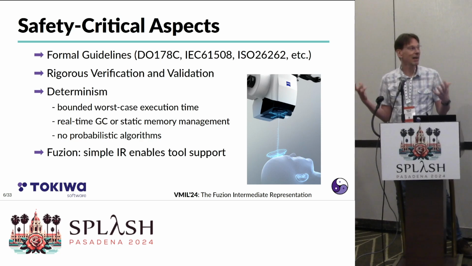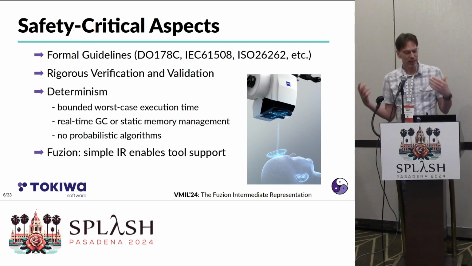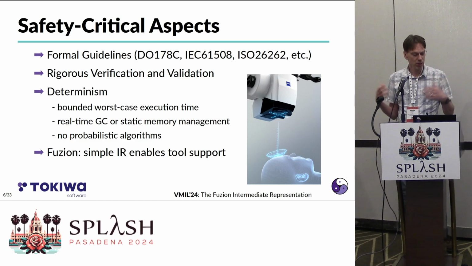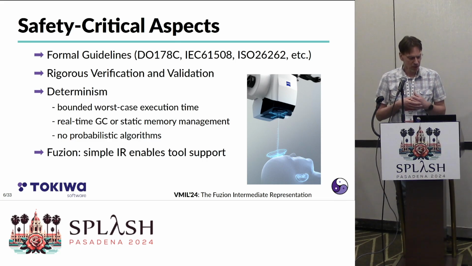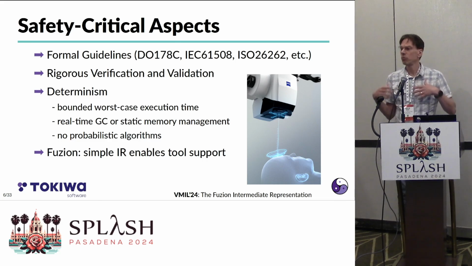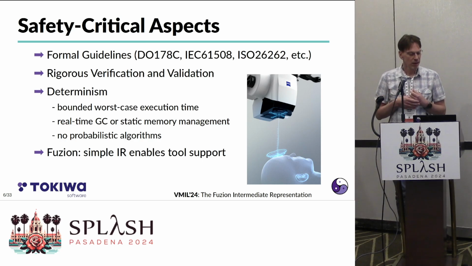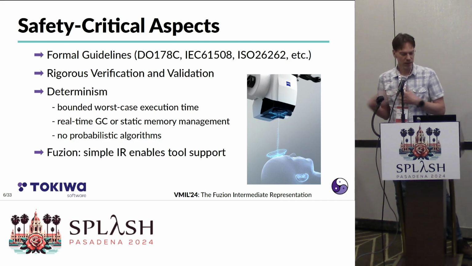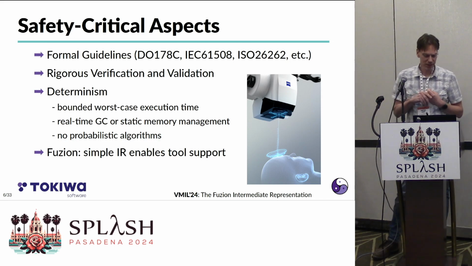And what these guidelines typically prescribe is a very rigorous development, and in particular, a verification and validation process. So you need very strict documentation and traceability to ensure that the application actually performs correctly.